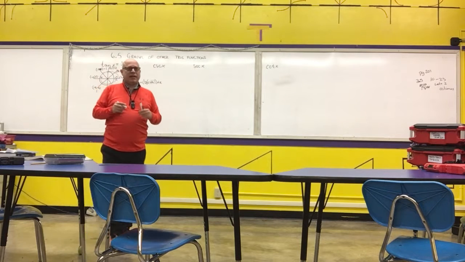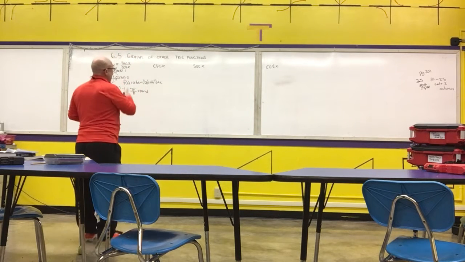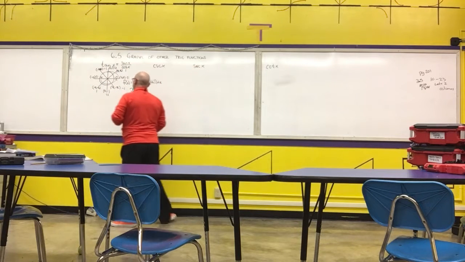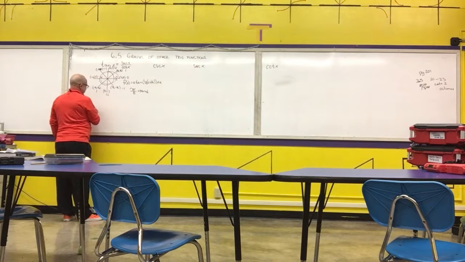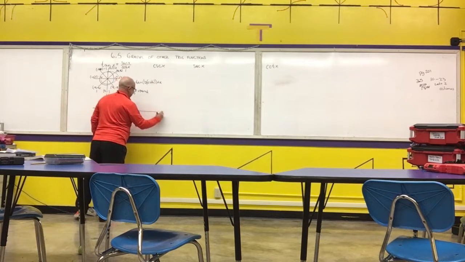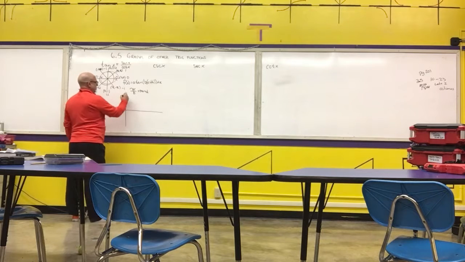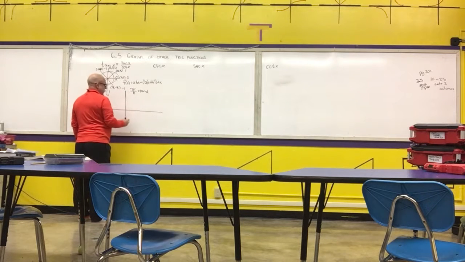For tangent and cotangent, and actually most of them, they're going to ask you to graph 2 periods. Now that I know my period is pi, I'm going to divide my graph into 4 different regions.